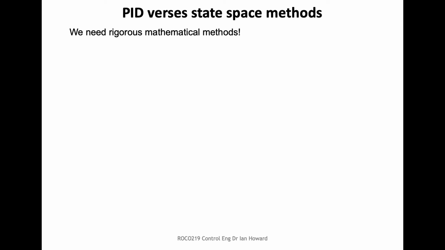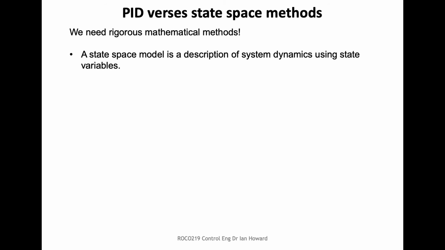So what we need then are more rigorous mathematical methods, and state space models are a full description of the state dynamics using state variables. They can also represent things going on in the system that we don't actually see from the outside.